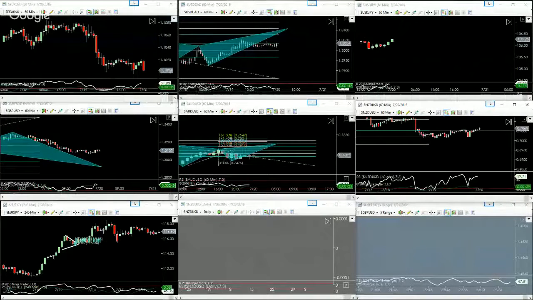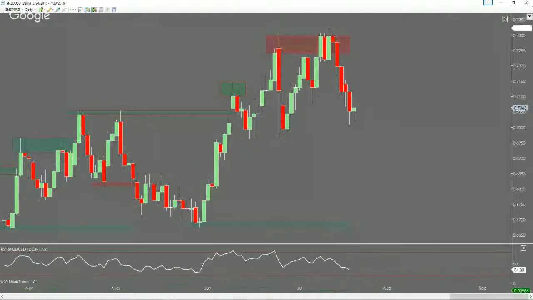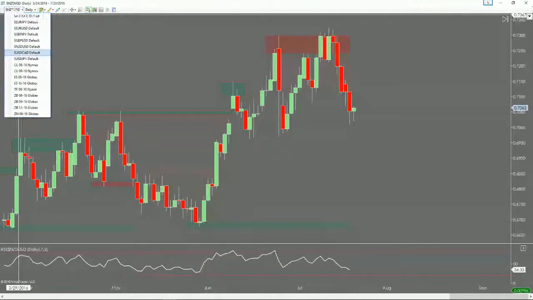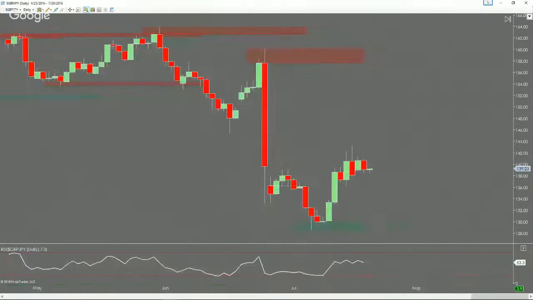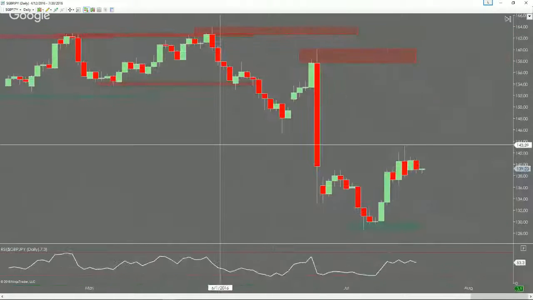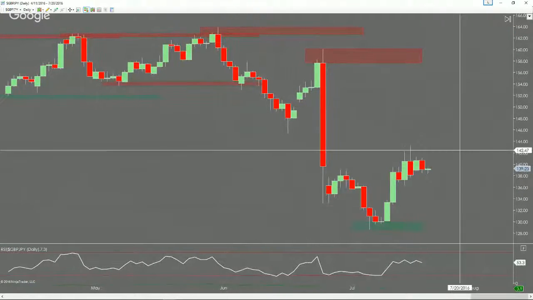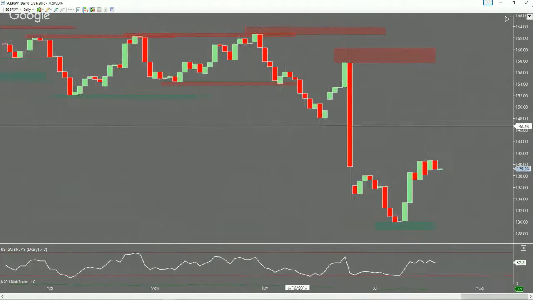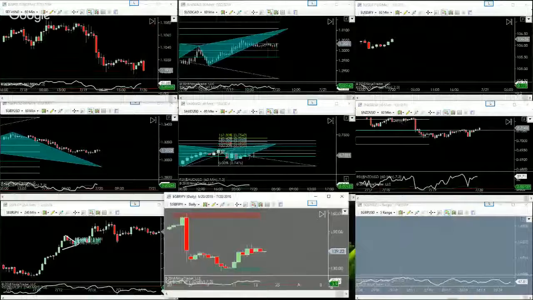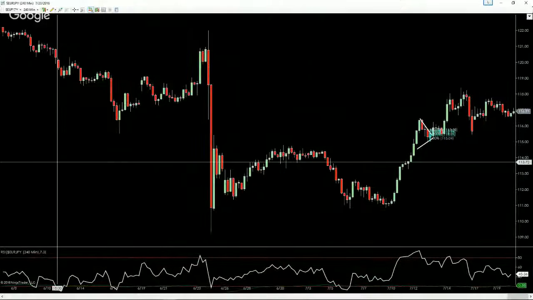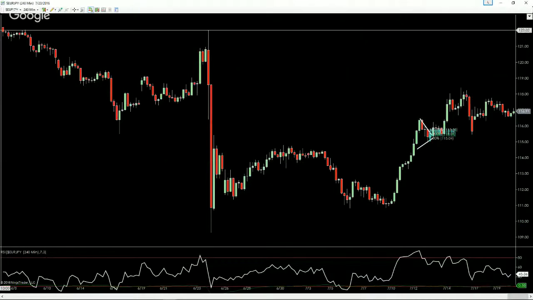So let's go to pound yen. All right, pound yen. About the same place as the pound dollar, middle of nowhere. See if we have any opportunities.